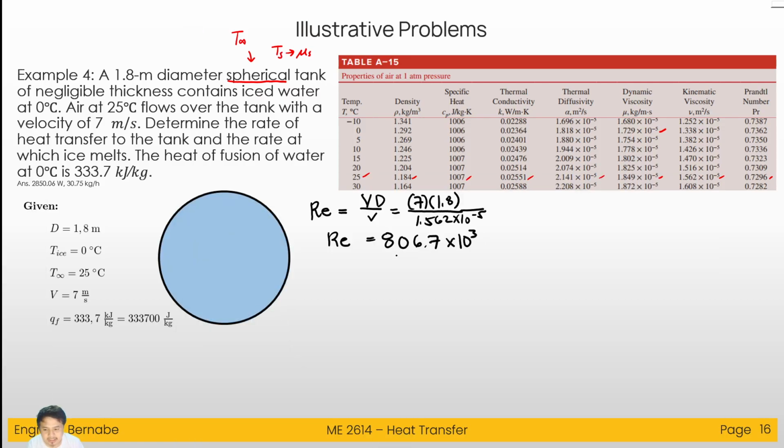Okay. And then the Prandtl number is already given, so we can find the Nusselt number. For the Nusselt number, I'll just look at my notes here.